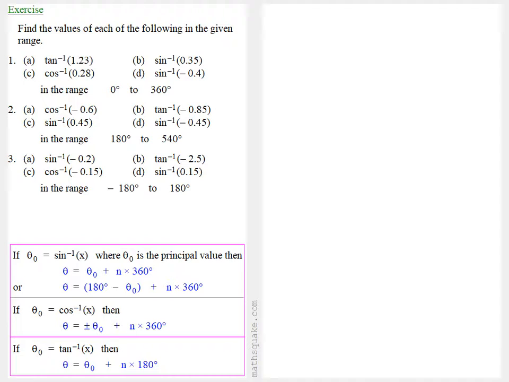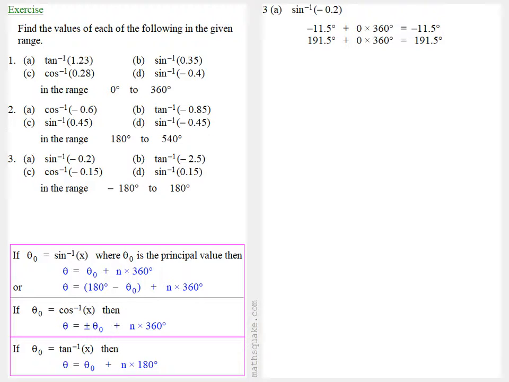In question 3a, we're asked to find the inverse sine of minus 0.2 in the range minus 180 degrees to plus 180 degrees. Well, if we do that on a calculator, we get a principal value of minus 11.5 degrees. The other important value is 180 take away minus 11.5 degrees, which is 180 plus 11.5 degrees, or 191.5 degrees.